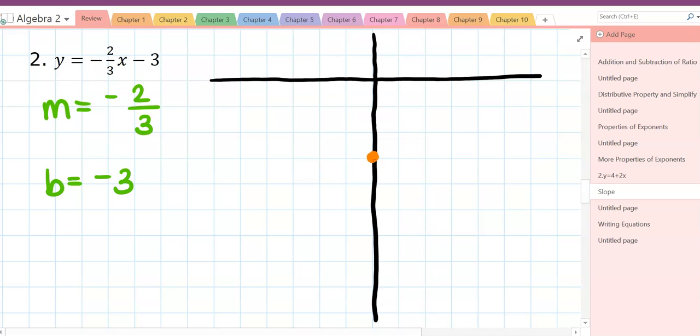So from this b, my y-intercept point, negative 2 means I go down 2, and then 3 is positive, so I go to the right, 1, 2, 3. Or you can go up 2 and to the left 3, because remember I said it doesn't matter for a fraction which number is the negative number. One of them is going to be negative. And then draw your line.